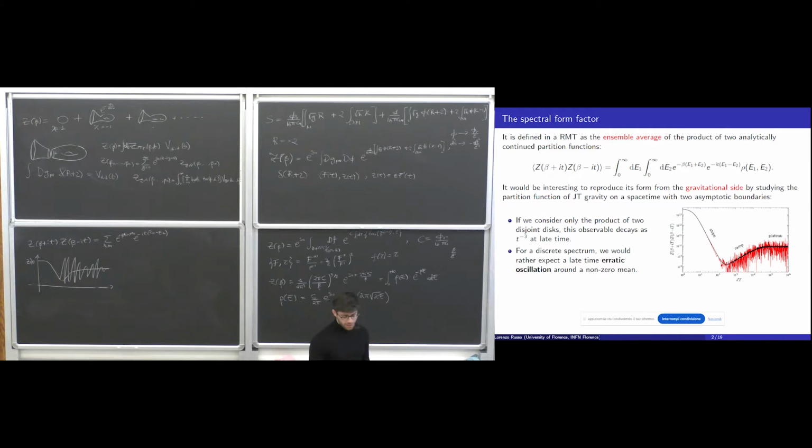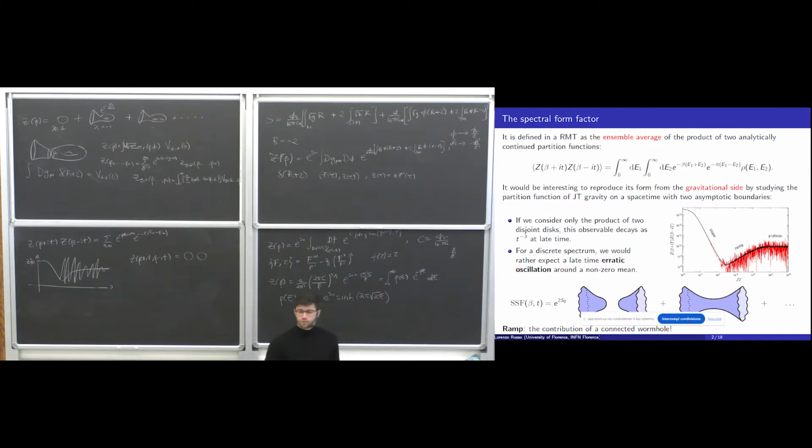If we consider only the product of two disks in this expansion, so we are studying something like that in JT gravity, this observable always shows a decay as t to the minus 3 at late times. So there is no sign of the underlying discreteness. And so it is necessary to include also non-perturbative contributions to reproduce the correct form of this observable.